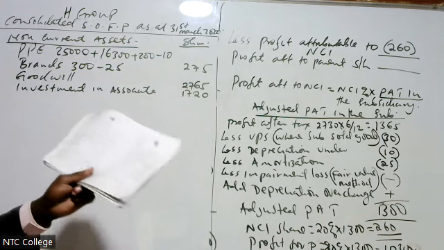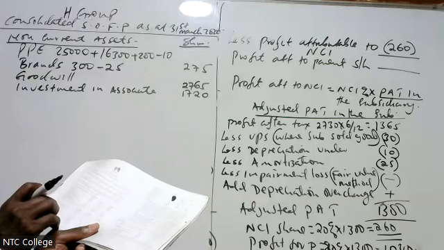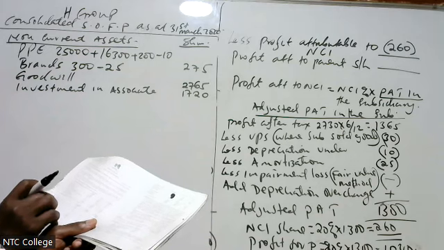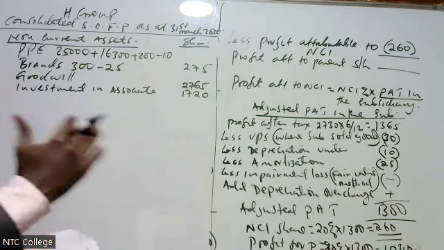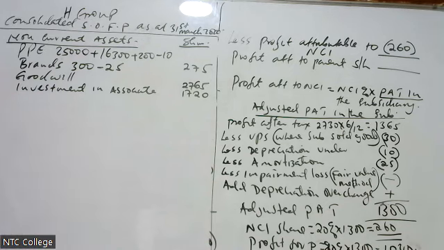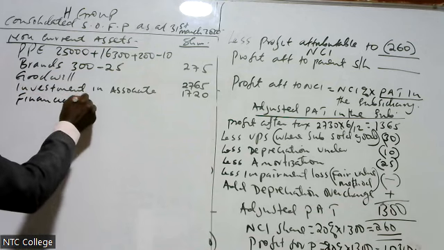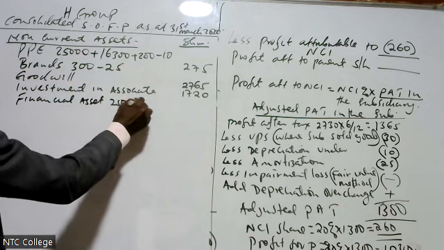Then in the balance sheet, when you check, we have financial asset of 250. That financial asset is the loan that was given to S. Therefore, you don't consolidate financial asset. I will take 250 minus 250.